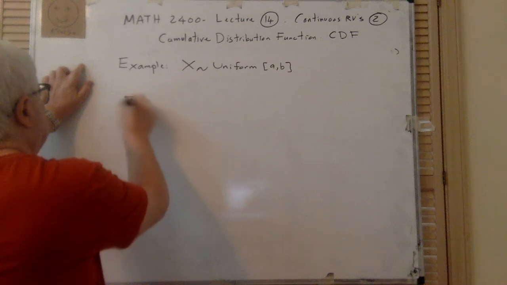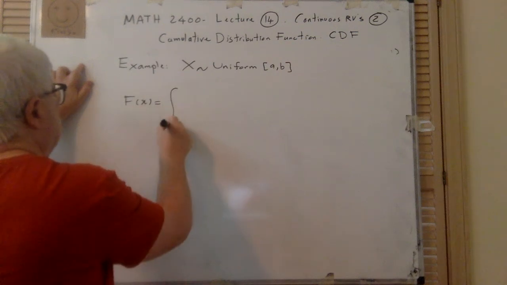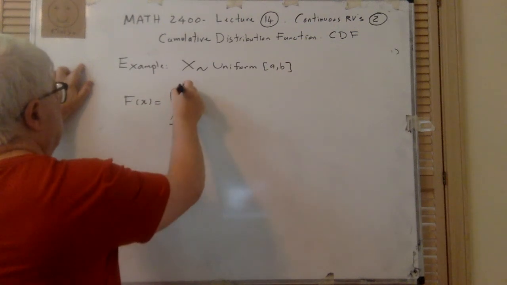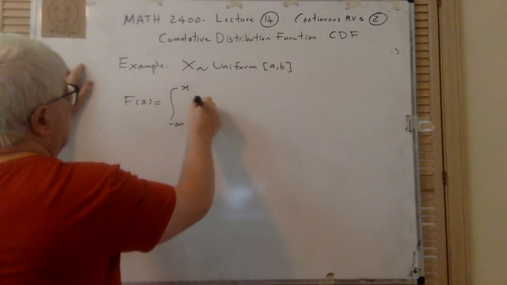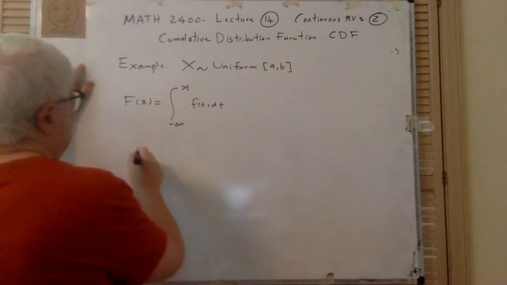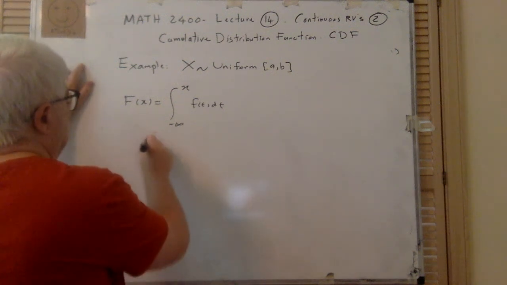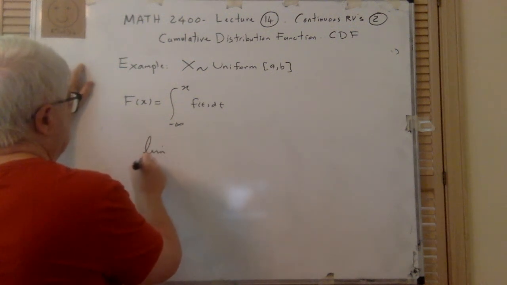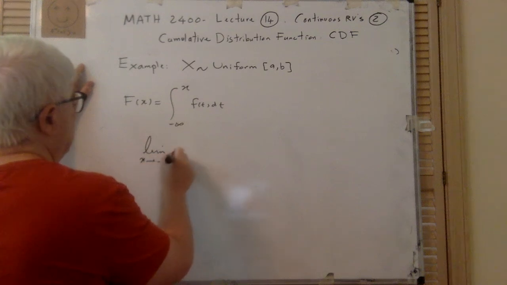So we had F(x) was the integral from minus infinity to x of f(t) dt. Now we have two things here. First of all, the limit as x goes to negative infinity. What happens as x goes to negative infinity of this thing?